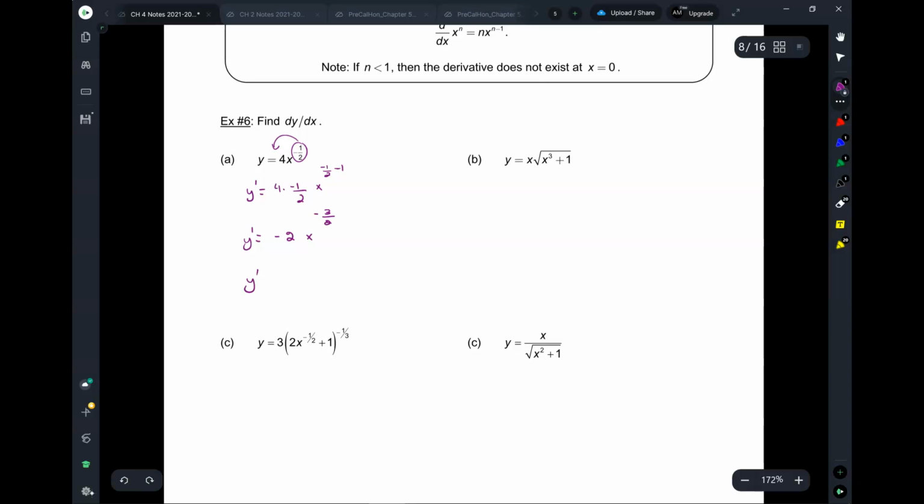But of course, we write that as negative 2 over x to the 3 over 2. Or you can do this. Either way is fine. I'll put an or here so you guys know.